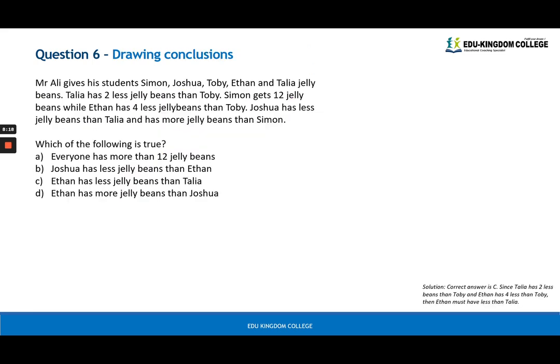Okay, number 6. For these kind of questions where you allocate different amounts of things to people, you want to start with what you know, okay? We don't want the comparisons yet. We want what we know. We know that Simon gets 12 jelly beans, so Simon will get 12. Talia is 2 less than Toby. Ethan has 4 less than Toby.